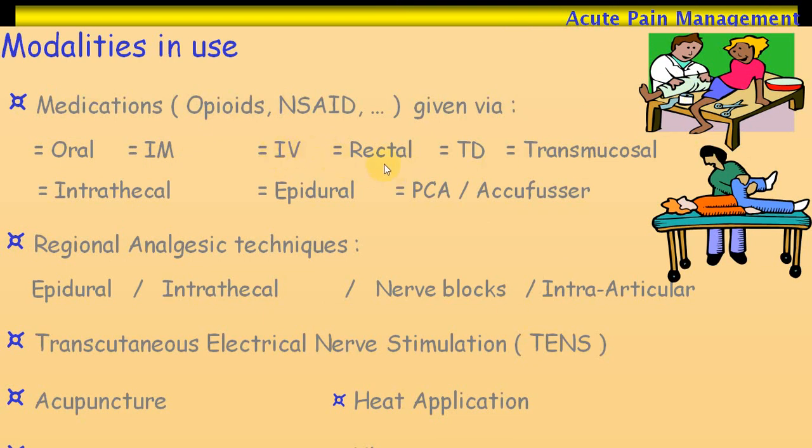They may be available in the form of suppositories, transdermal patches, transmucosal applications like gel, or injections which can be given intrathecal, or intra-articular, or you can use analgesics or anesthetics as an epidural anesthesia, or can be given in the form of a drip, and patient-controlled analgesia. So the patient will control the drip himself, how much to give, when to stop, etc. Or it can be given in the form of an infusor.